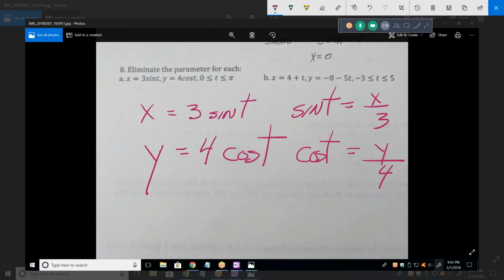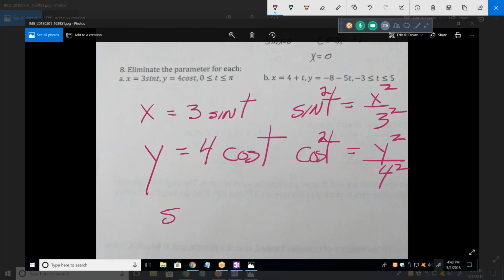Now, that doesn't look like it helps much, but it does. We are going to square both sides. Sine squared of t equals x squared over 3 squared. This becomes cosine squared of t equals y squared over 4 squared. And now I'm always allowed to add equations.